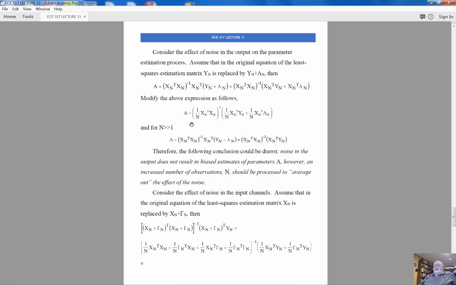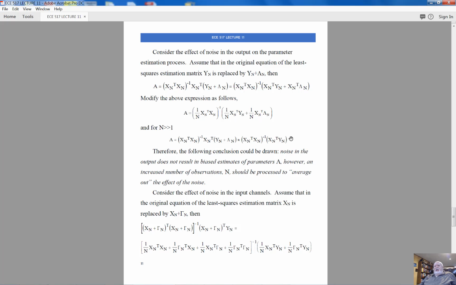Now, I can always place 1 over n inside of this expression. Here 1 over n is in the power of minus 1. Here 1 over n is in the power of 1. So obviously 1 over n cancels this 1 over n, and you don't have to worry about it.